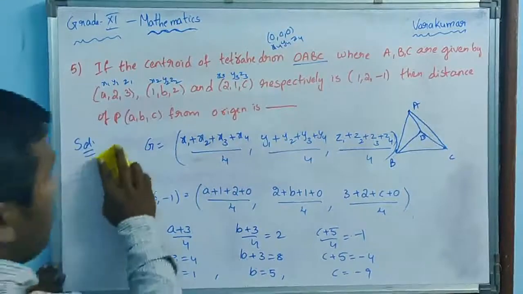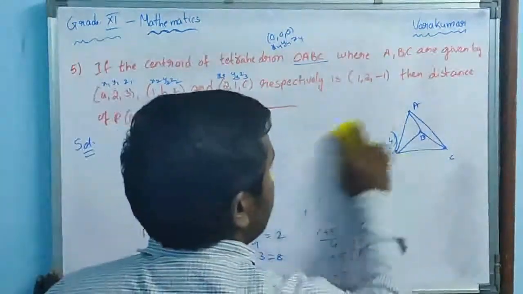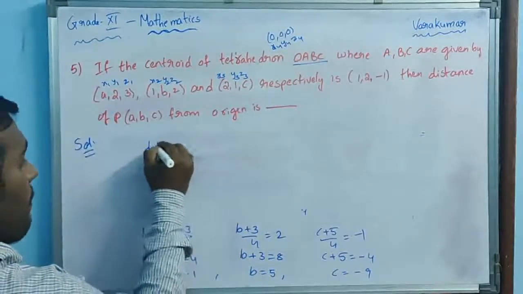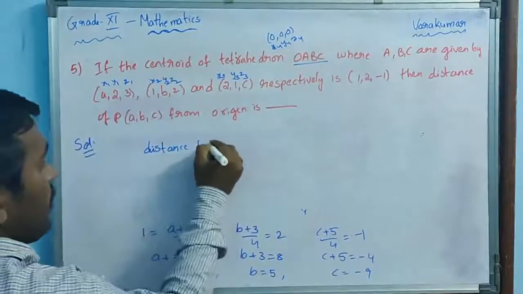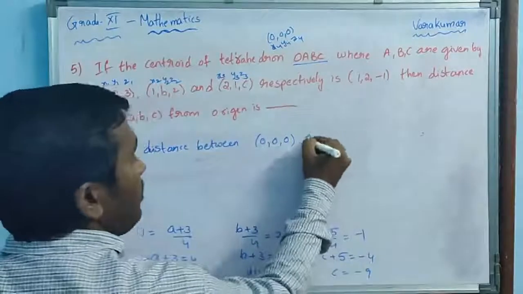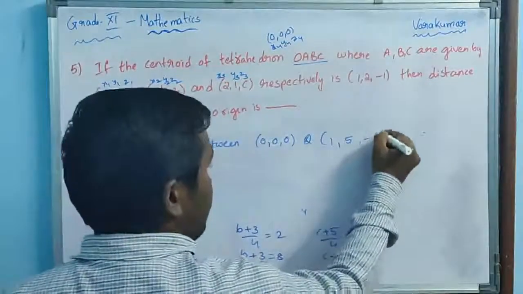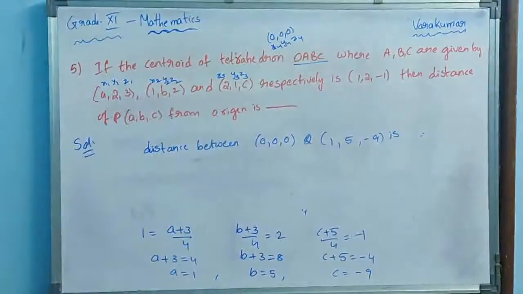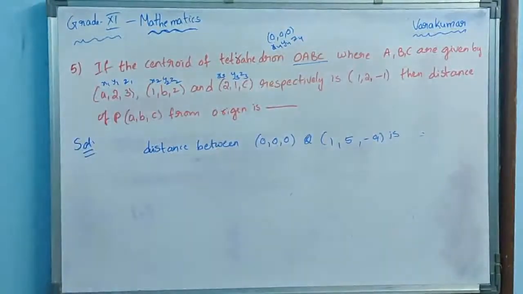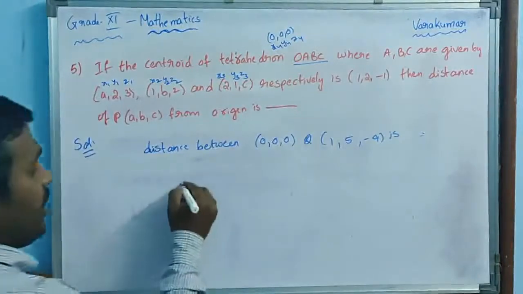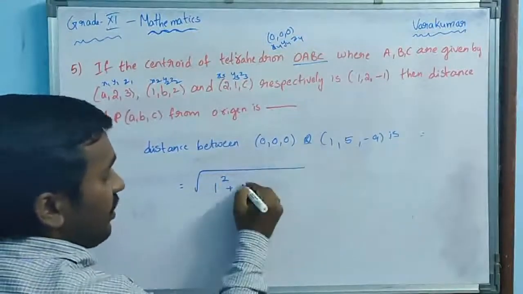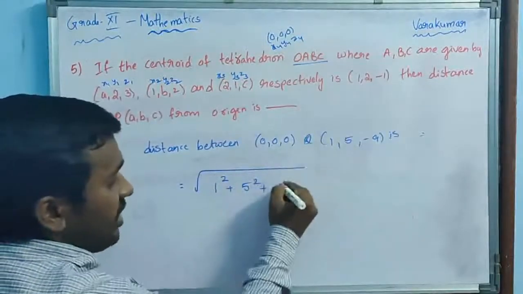The distance between (0, 0, 0) and (1, 5, -9): if you apply the distance formula, root of (x2 - x1)² + (y2 - y1)² + (z2 - z1)². We get root of (0 - 1)², 1 squared, (0 - 5)², 5 squared, and (0 - (-9))², 9 squared.